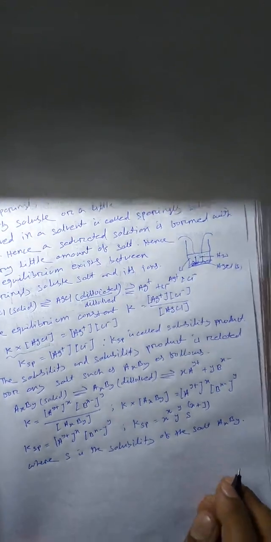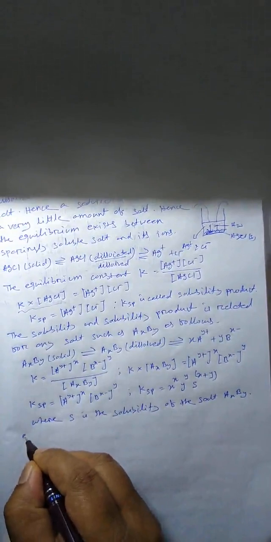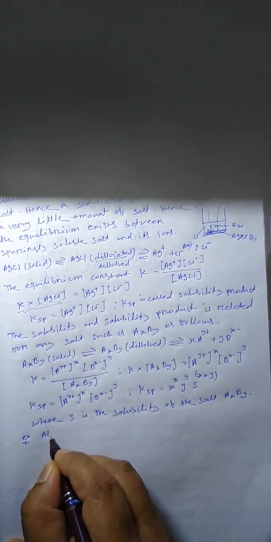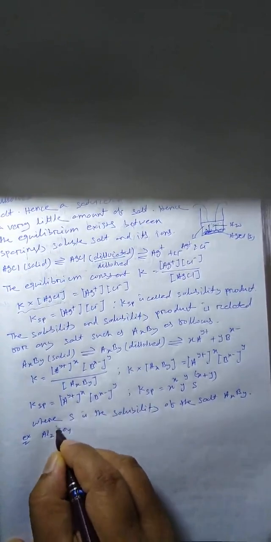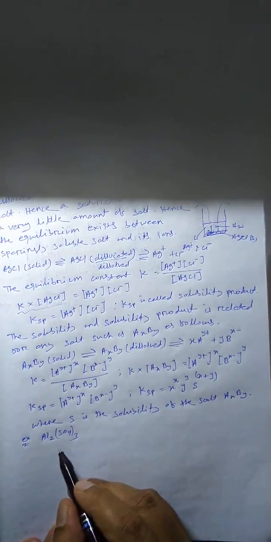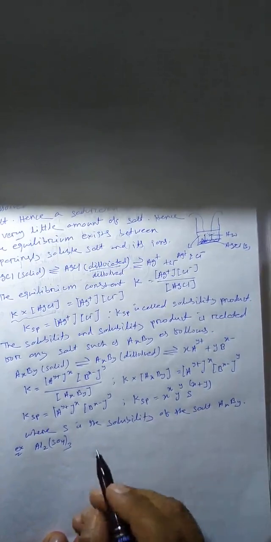Suppose, for example, I take aluminum sulfate, Al2(SO4)3. I want to find out the relationship of this aluminum sulfate with solubility product and solubility.